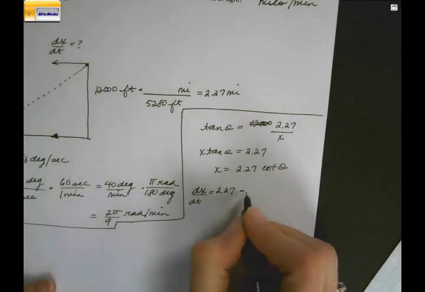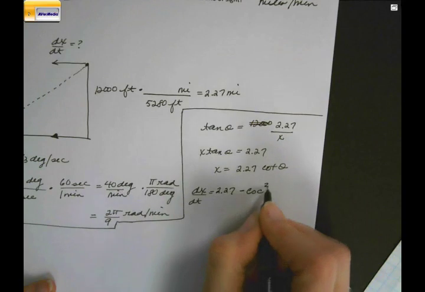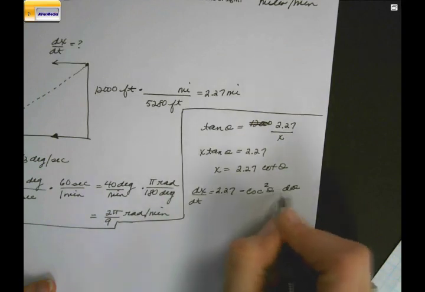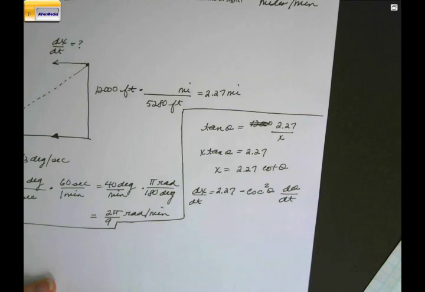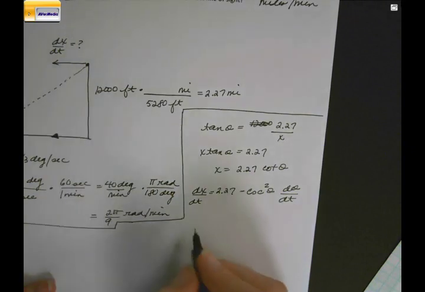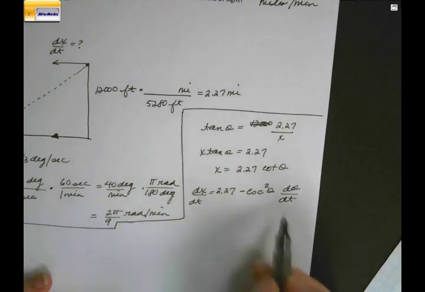So this would be times a negative cosecant squared theta d theta dt, and we do have d theta dt. Okay, so now dx dt is what we're looking for.